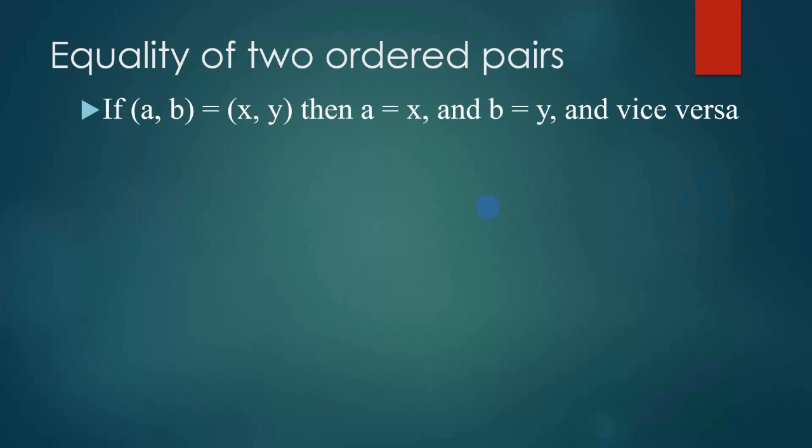Meaning that if A equals X and B equals Y, then the ordered pair (A, B) equals the ordered pair (X, Y).